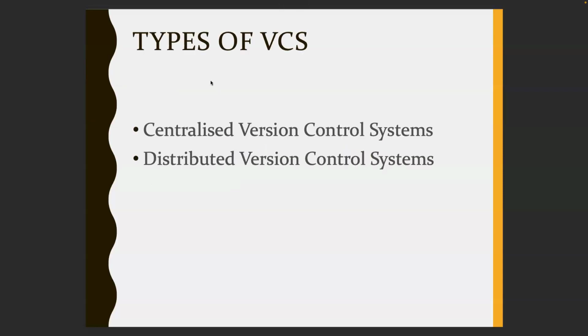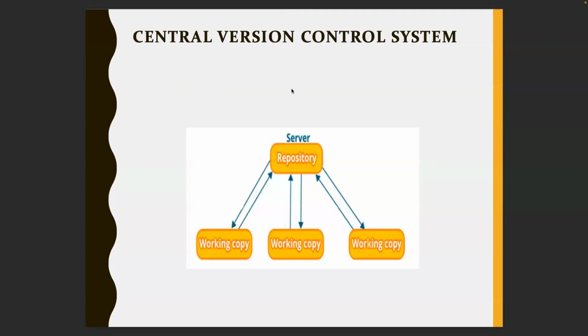And now that we understood what a version control system is, let us see their classification. Based on their architecture, they were categorized as centralized version control system and distributed version control system. And how is the architecture of a centralized version control system? If you see here, there'll be a central server or remote server, whatever you call it.